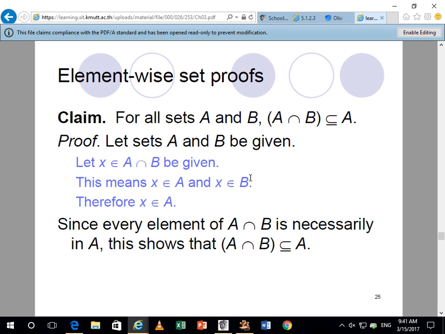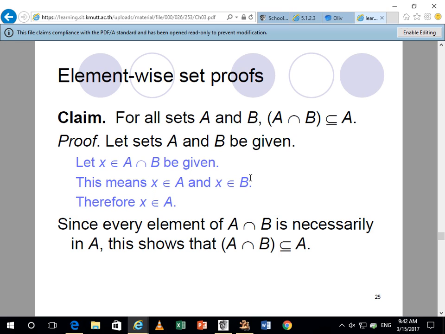Let's say an element X belongs to the set A intersect B. By definition, X is an element of A intersect B means X is an element of A and X is an element of B. So we're just reversing the definition we gave you before.